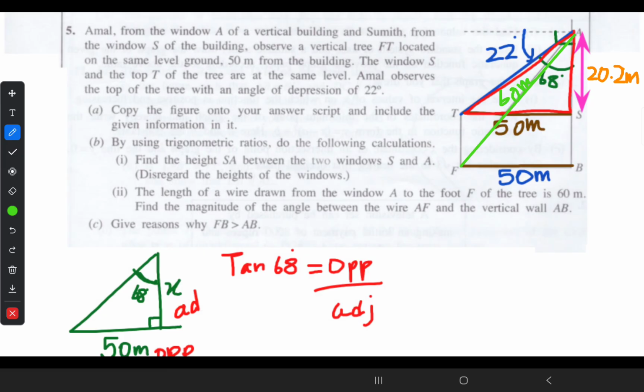Find the magnitude of the angle between wire AF and vertical wall AB. So we need to find the angle between this one and this one.